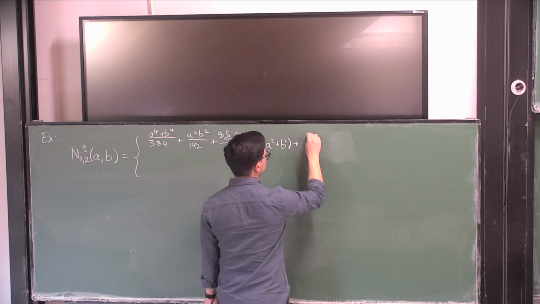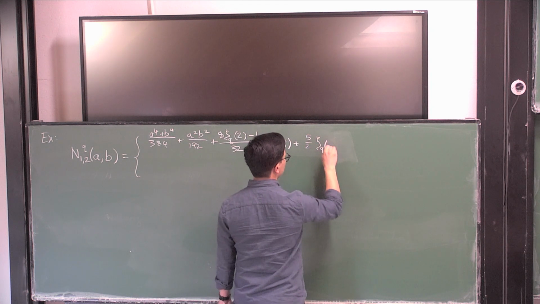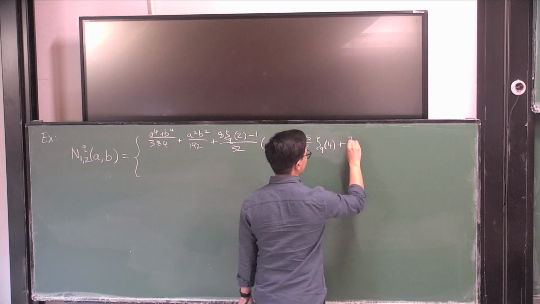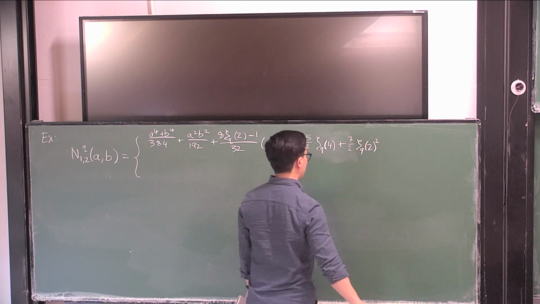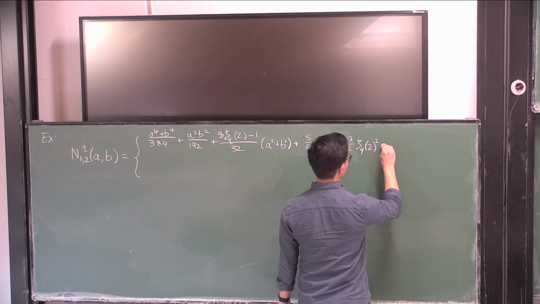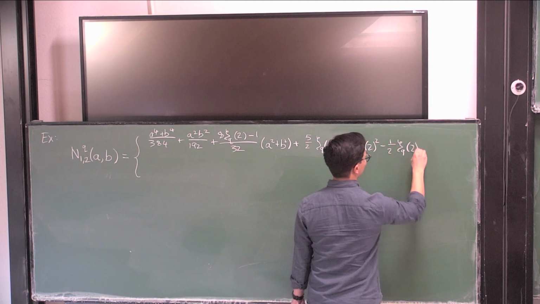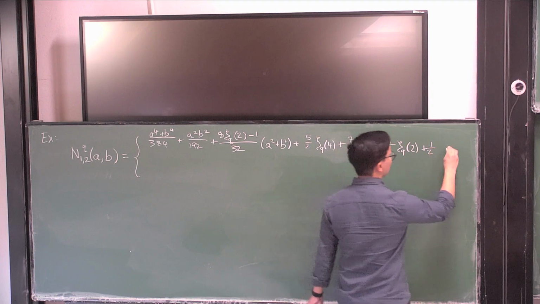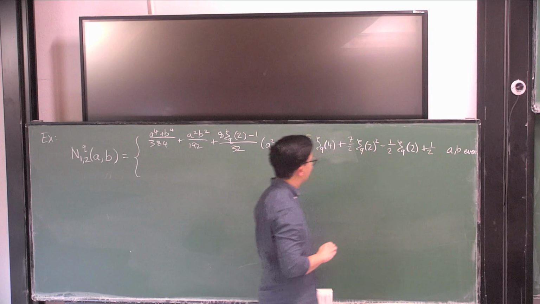And I get 5 over 2 z_q of 4, plus 7 over 2 z_q of 2 squared, minus half z_q of 2, plus a half. And I get that when a and b are even. If you could predict that, I think you're doing quite well.